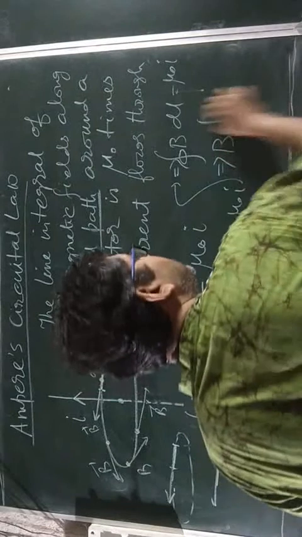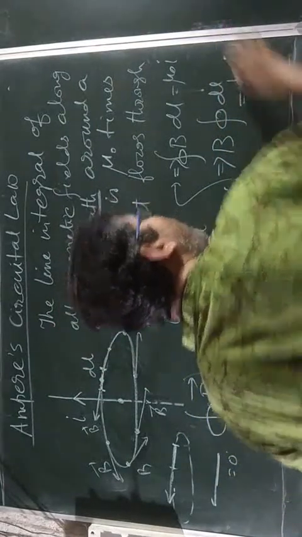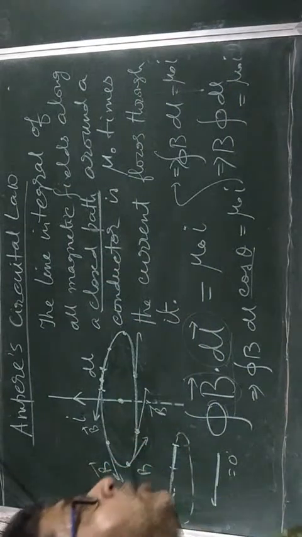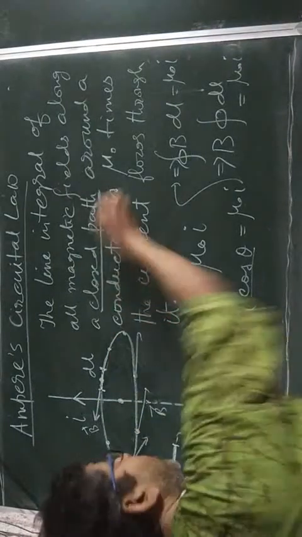Now if you join all the dl segments, you will get the circumference of the closed path.